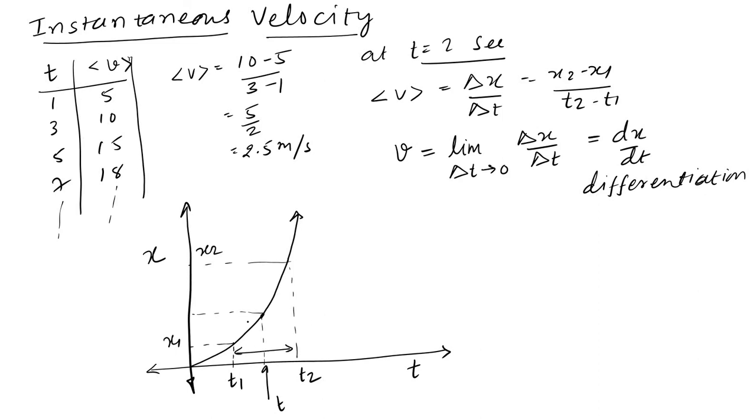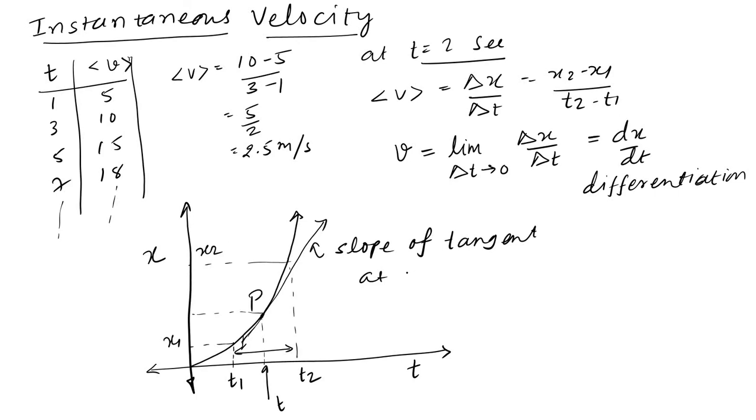When I keep on reducing the time interval, ultimately I get a situation where, at this point, if I draw a tangent, it is a line which is touching this curve only at this point, and this tangent has a certain slope. So in case of non-uniform motion, I'm talking about the slope of this tangent at the point P.